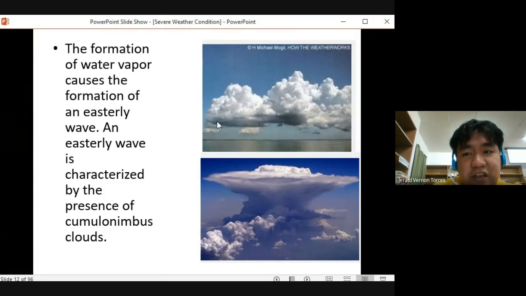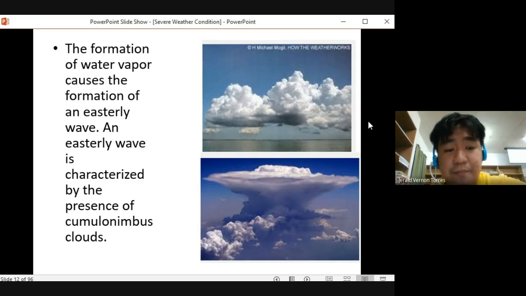Bon, let's recall, ano nangyari nung uminit yung temperature? Gumaan or bumigat yung hangin? Gumaan po. Gumaan. At dahil gumaan, naging lighter yung upper atmosphere mo, ano nangyari sa pressure? Are you going to form what pressure? High pressure area or low pressure area? Take note, gumaan yung upper atmosphere.